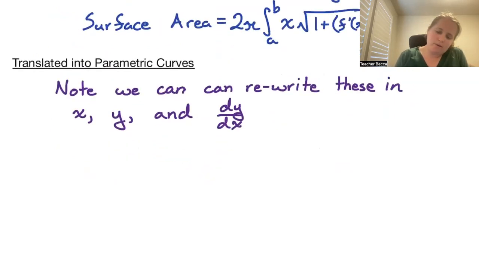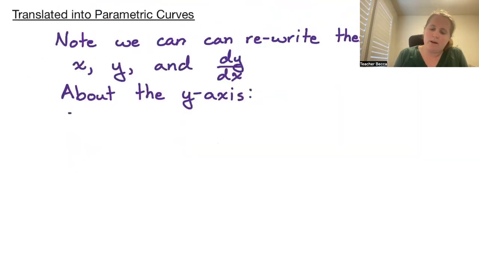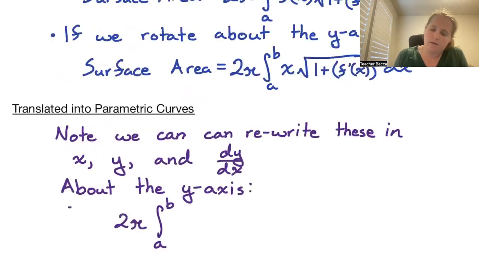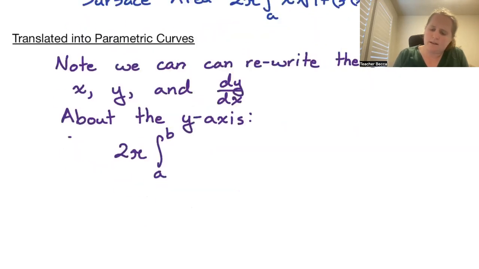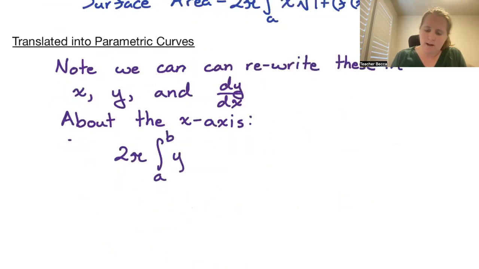Actually, let's do about the x-axis first, since that was what I did earlier. About the x-axis, we have 2 pi times the definite integral from a to b, and f of x is just acting as y.